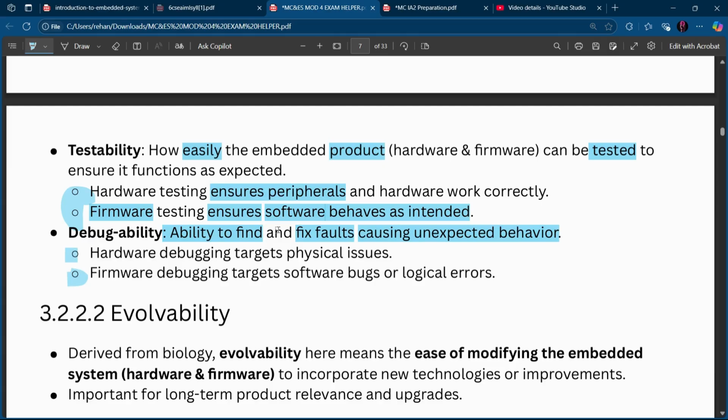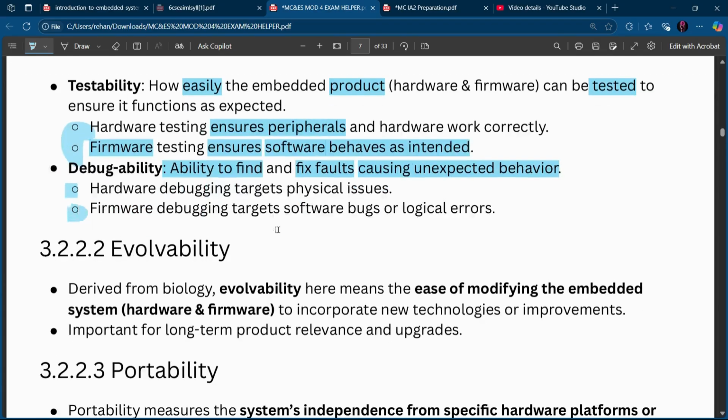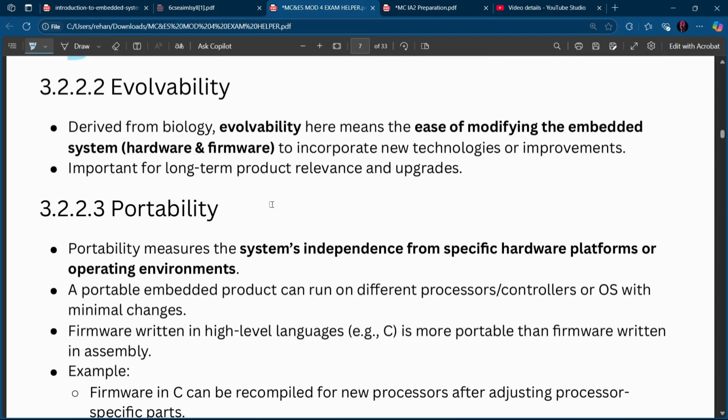So I hope you understood the first concept, testability and debuggability. The second one is evolvability. With time, the system should be capable of adapting and updating itself for the latest technology and future use. Derived from biology, you can simply say it is ease of modifying the embedded system.